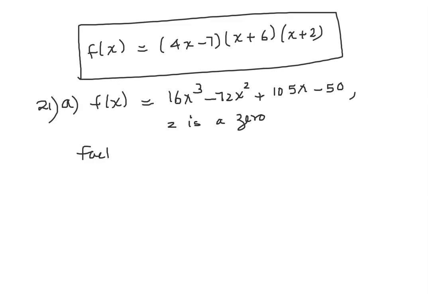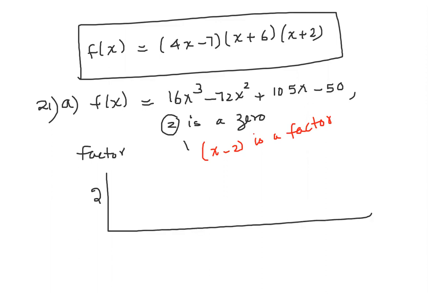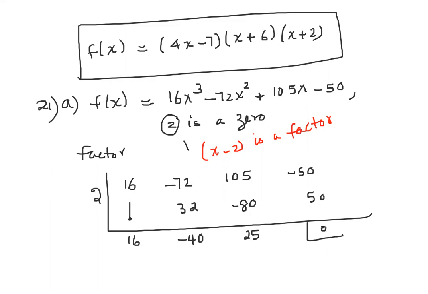So first question, we have to factor. So 2 is a 0 means x minus 2 is a factor. So let's first divide by 2.